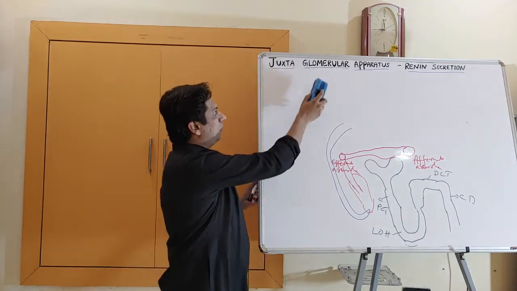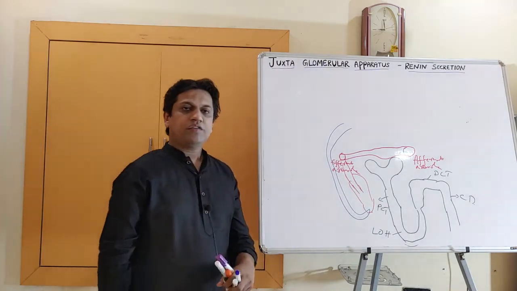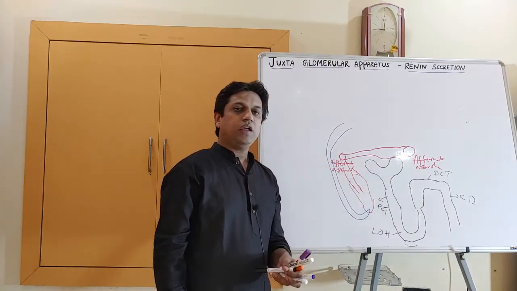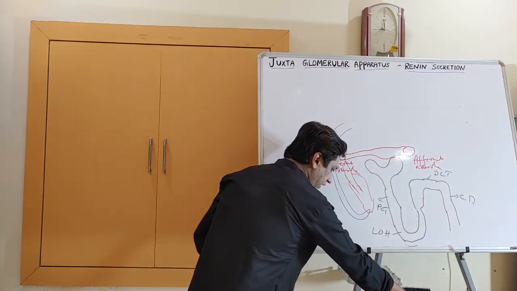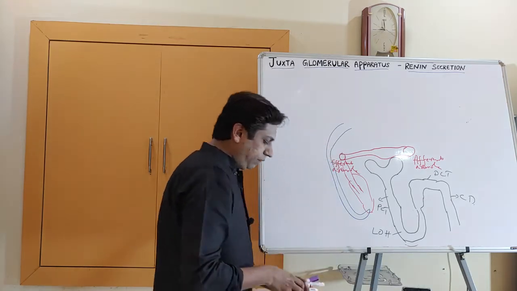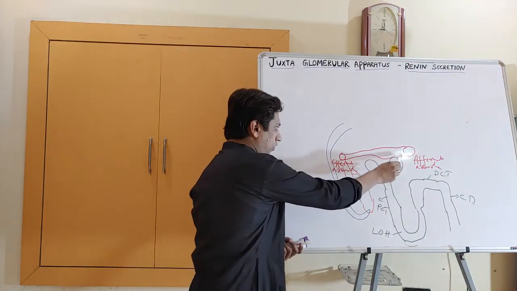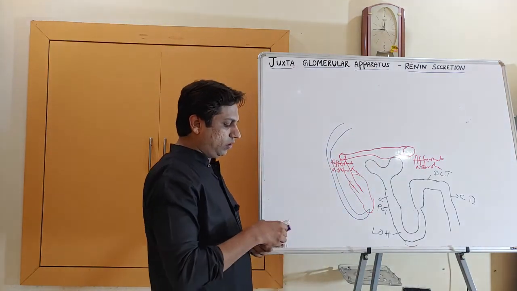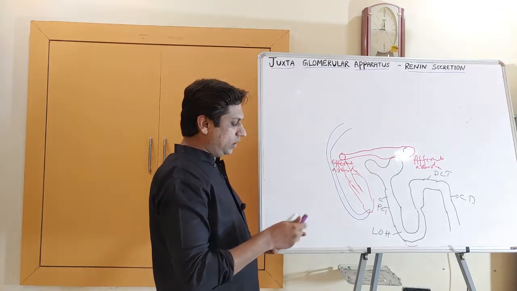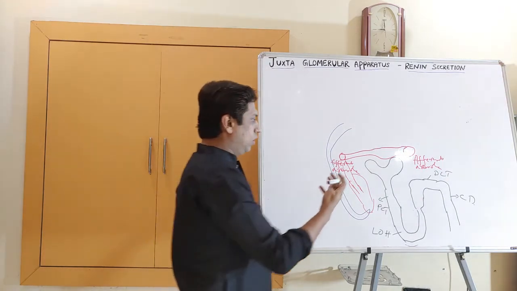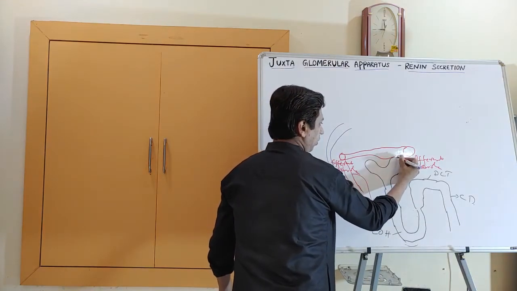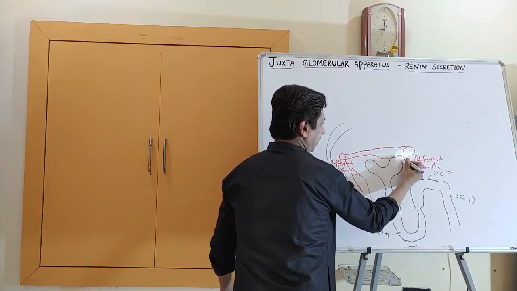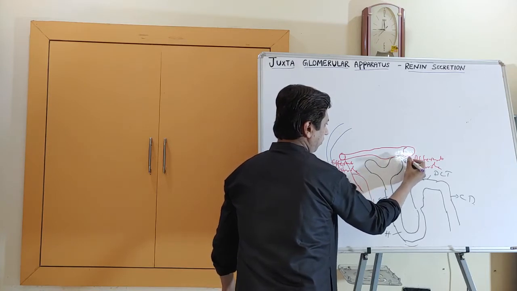So what exactly does this juxtaglomerular apparatus mean? If we consider this diagram of a nephron, you can see this afferent arteriole. In the tunica media, that is the smooth muscle layer, at this level there are some specialized cells.